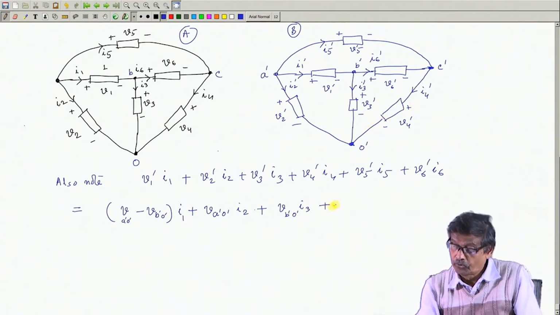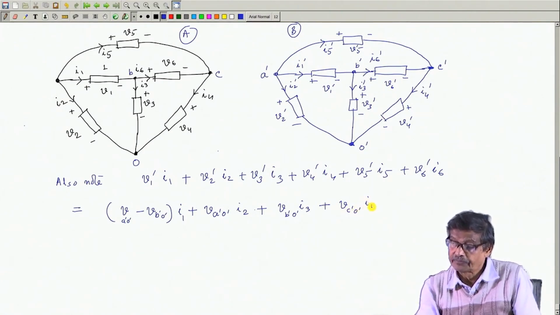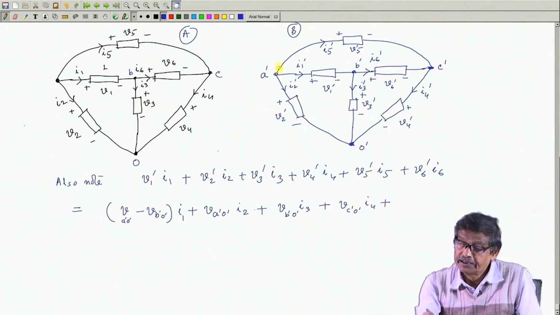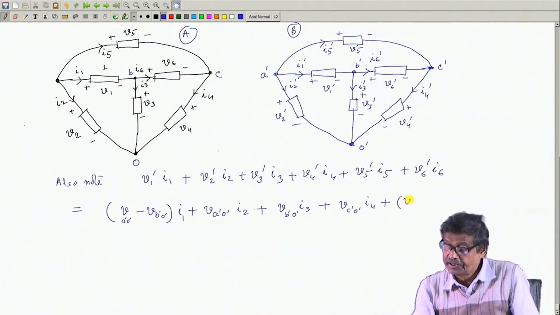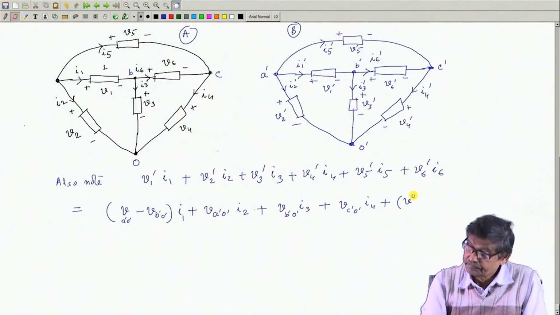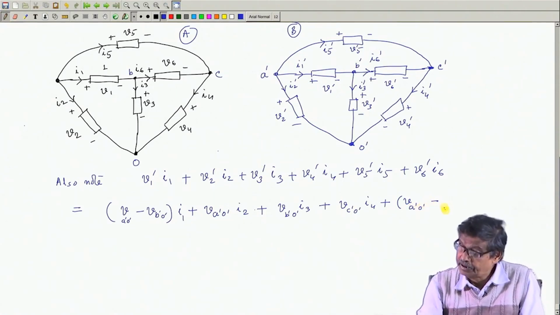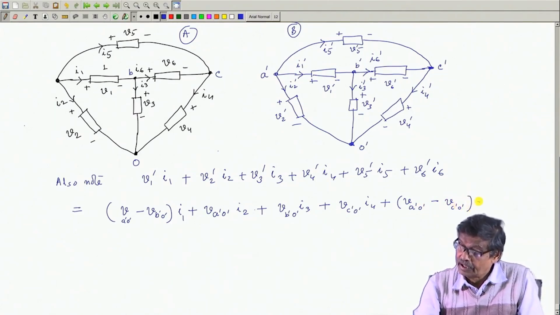element 4, it is V C dashed 0 dashed into I4, plus element 5, V A dashed 0 dashed minus V C dashed 0 dashed. I am always making mistakes.